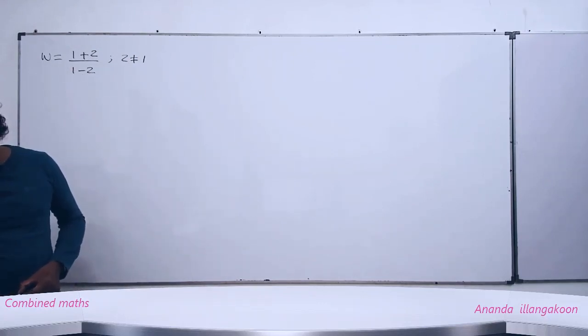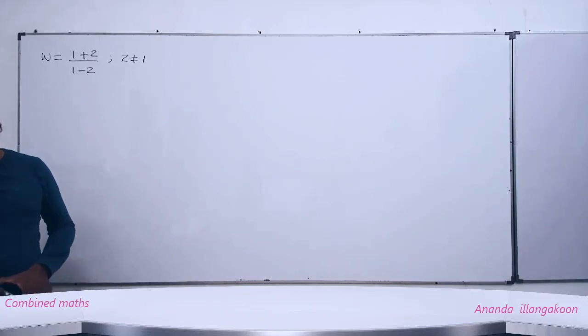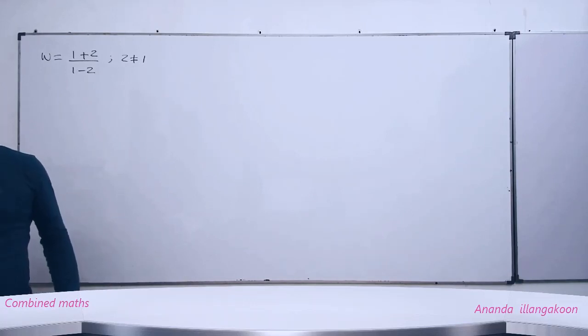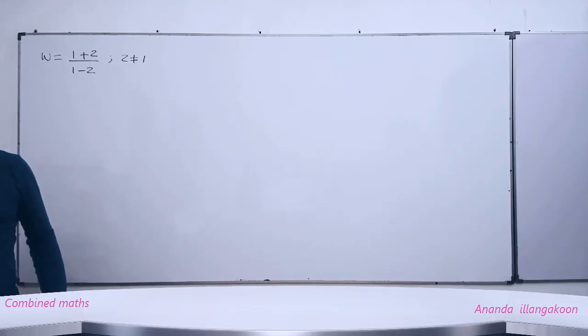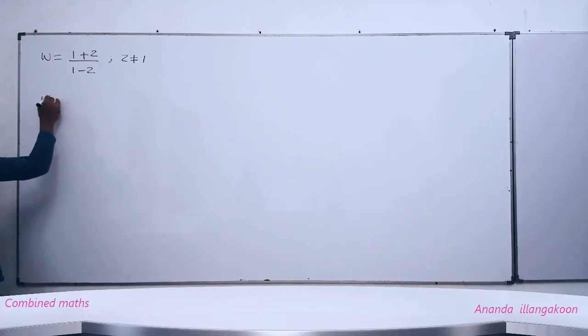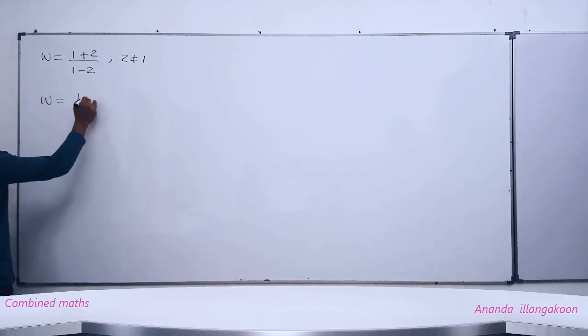Show that the real part of W is this, and the imaginary part of W is this. Yeah. This W is a complex number. You know why it is called a complex number?